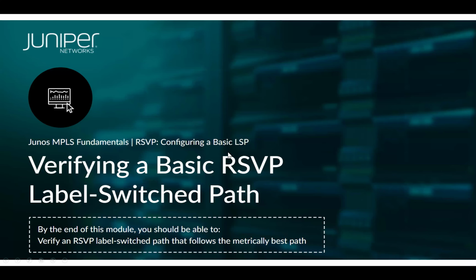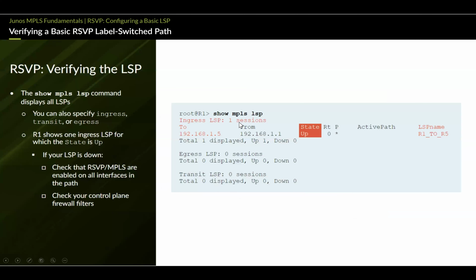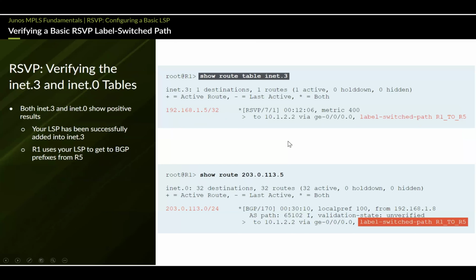So second section, this is the verification of the basic RSVP LSP. How to verify this one? Show mpls lsp. I already showed you. This is the command for verifying the RSVP LSP. Next one, show route table inet.3.